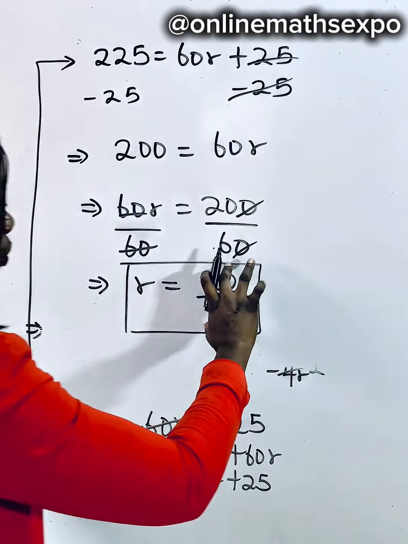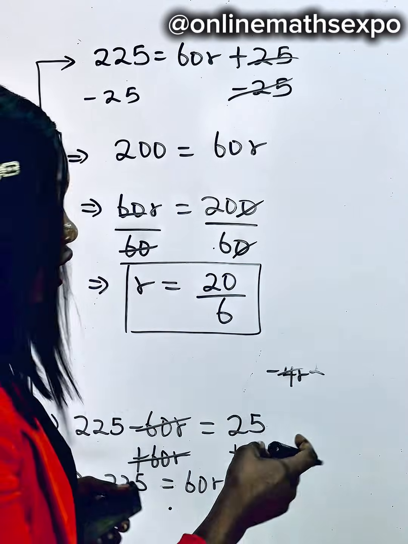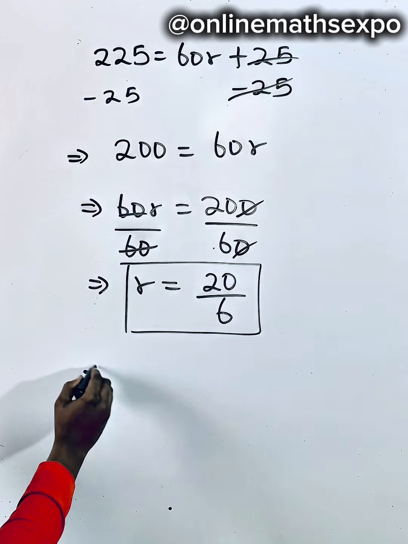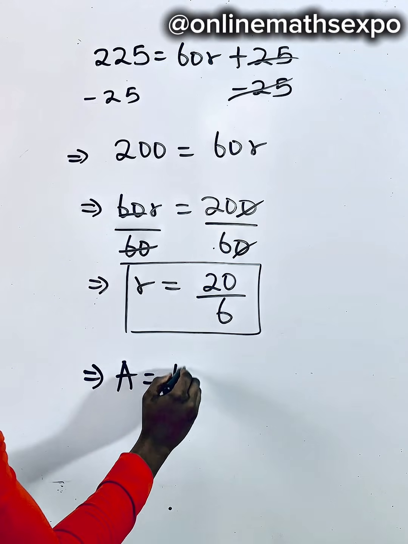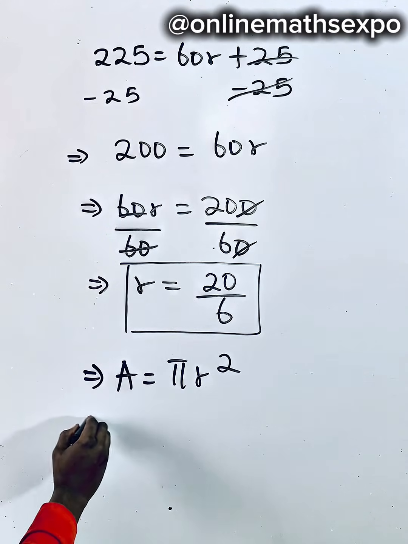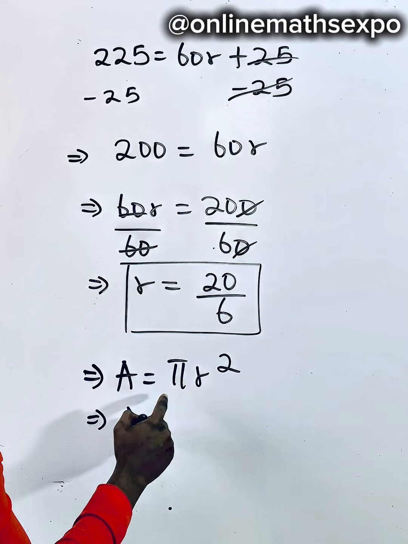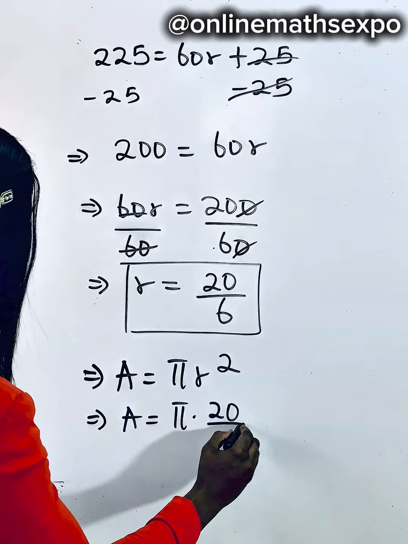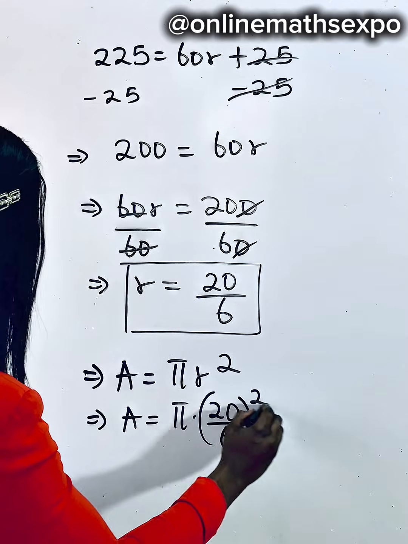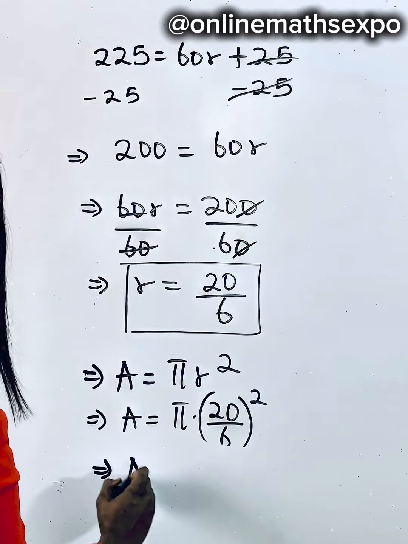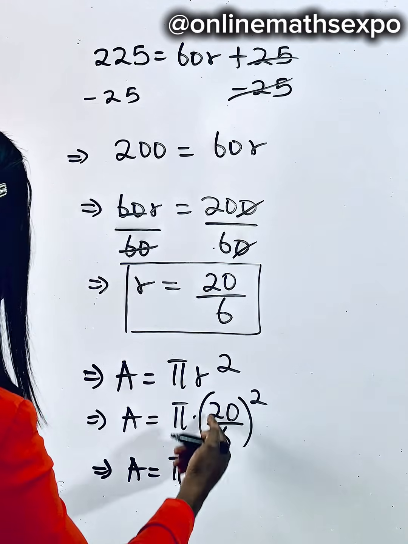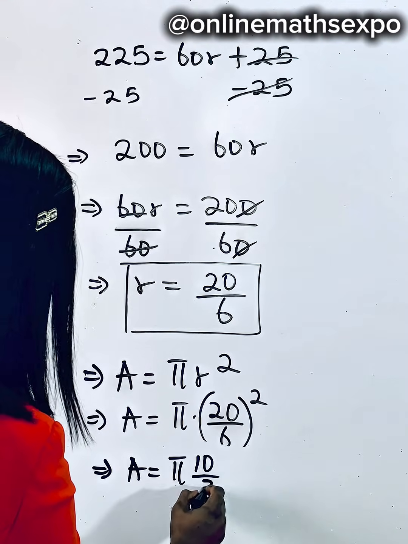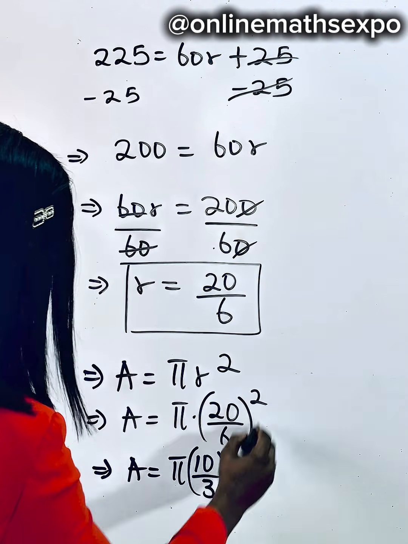Now let's put it back in the formula we stated to find the area. To do that, we have it that area of a circle is pi r squared, and that gives us area is pi multiplied by the radius, 20 over 6, squared. We can simplify. 2 divides this gives us 10, 2 divides this gives us 3, and it's all squared.